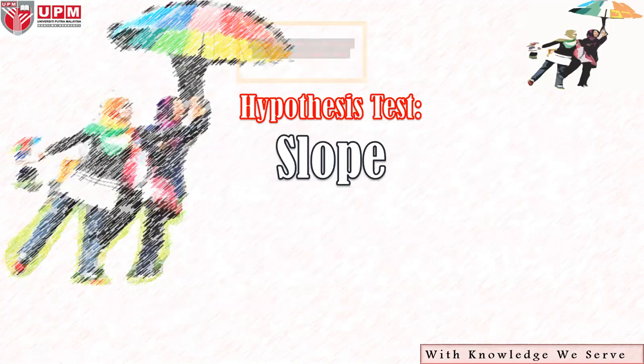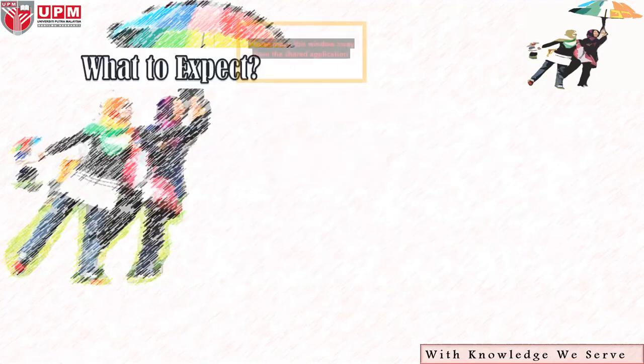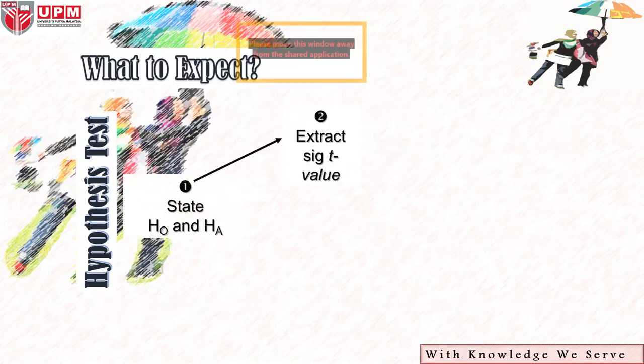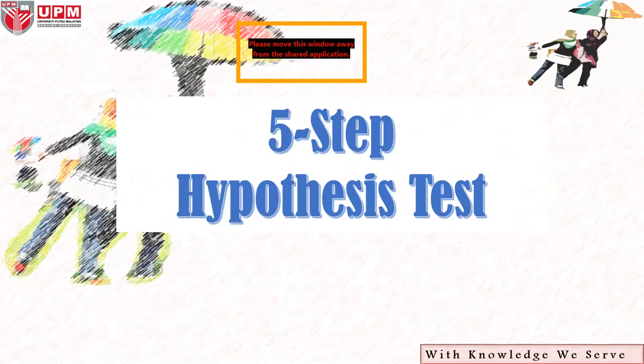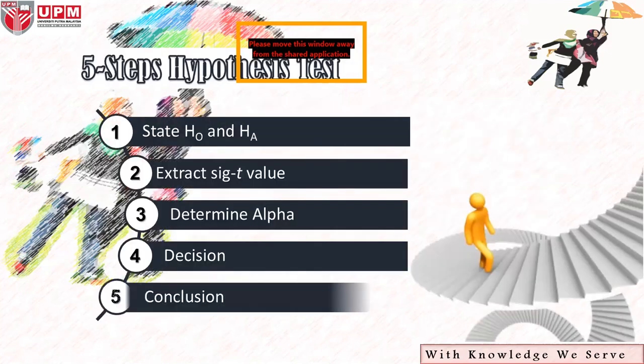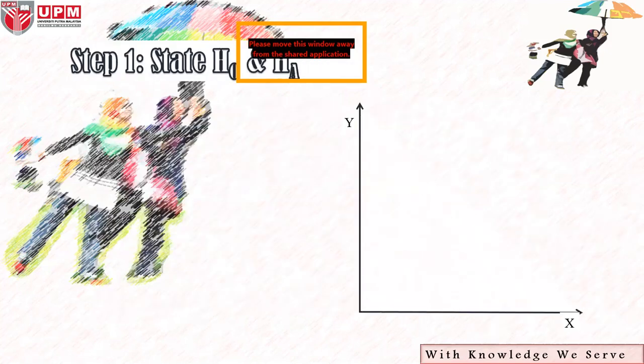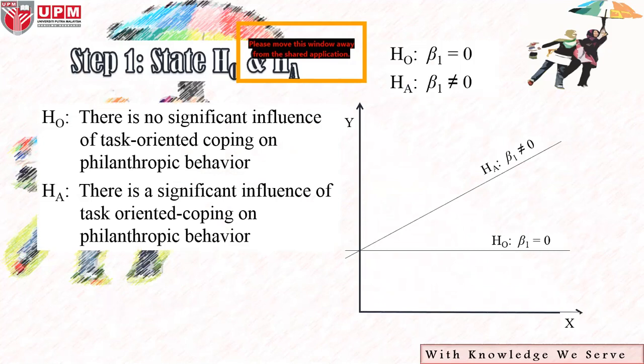Okay, for the slope or the individual contribution, similarly there are 5 things to be expected: state H0 and HA, extract the significant T value, determine the alpha, make the decision, and lastly make the conclusion. In terms of the hypothesis, you can directly state that there is a significant influence of task-oriented coping on philanthropic behavior.